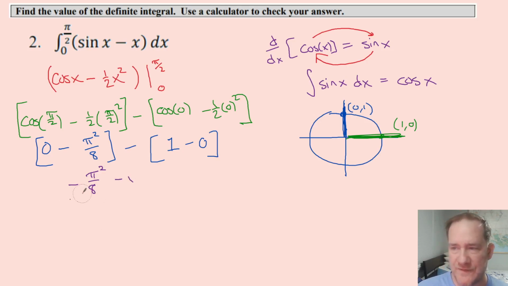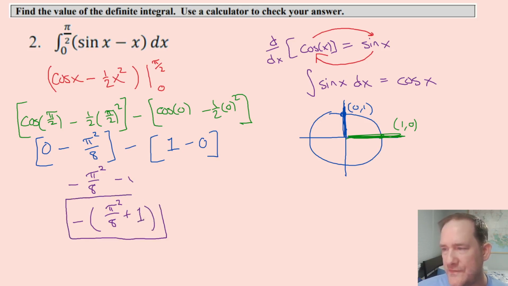And since these both have negatives on it, you know I don't like that. So I would factor out a negative and call this positive pi squared over 8 plus 1. It's just sort of standard practice to factor out a negative if both terms are negative. And so now instead we're thinking of this as pi squared over 8 plus 1, and then you just take the opposite of whatever that value turns out to be.